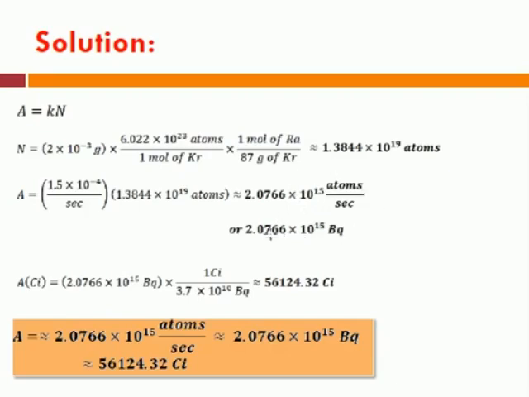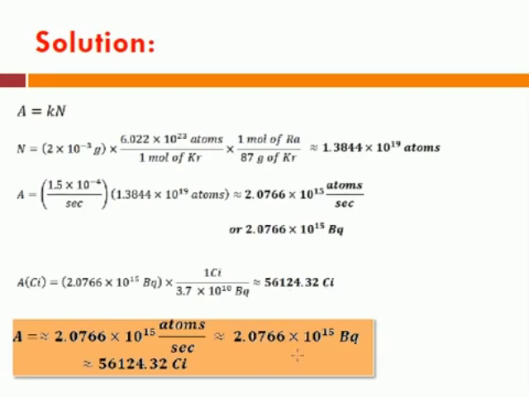Or 2.0766 times 10 raised to 15 becquerels. So if you're going to convert becquerel to curie, multiply this by 1 over 3.7 times 10 raised to 10 becquerel. So becquerels will be cancelled out. So the unit will be curie, and that is approximately equal to 56,124.32 curie.